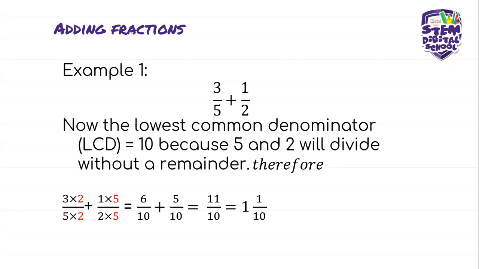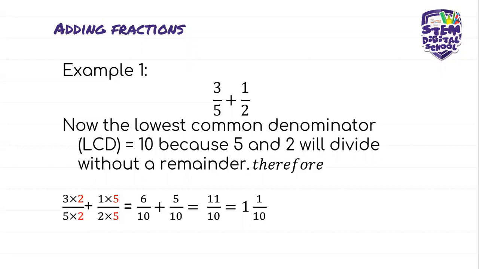Why do we say 10 is the lowest common denominator? 10 is the lowest common denominator because both 5 and 2 can divide into 10 without a remainder. In other words, the 5 can go into 10 without a remainder. 2 can also go into 10 without a remainder. And in this case, we are taking the lowest common denominator.